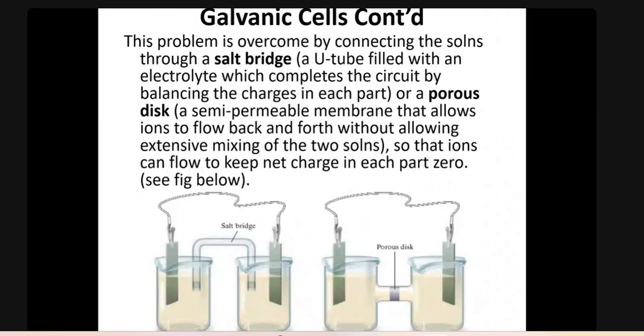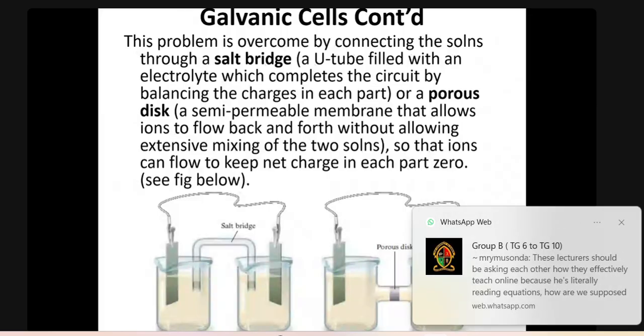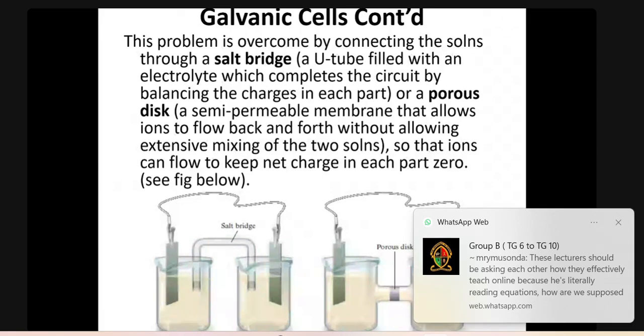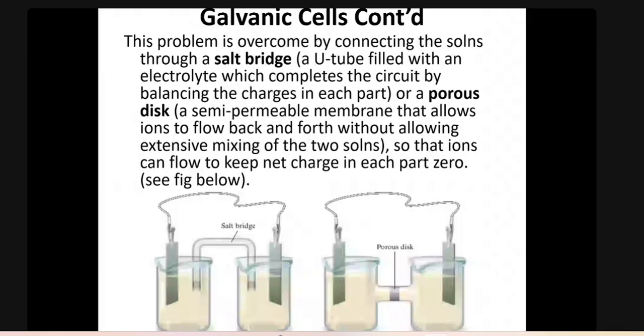The voltmeter will help us to measure how much electricity is produced by this cell, and what will be read on the voltmeter is voltage. So you just insert a voltmeter in between the wires here. As the current passes through it, the current times the resistance in the voltmeter gives us the voltage.